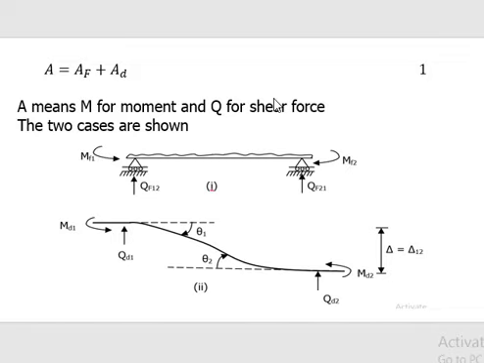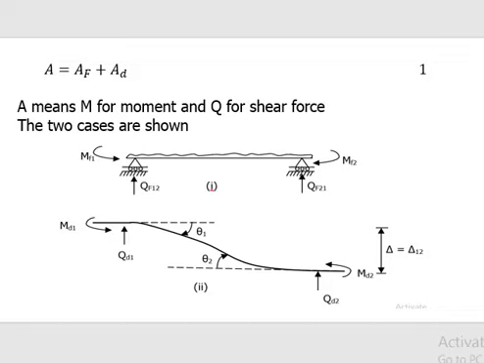If it is moment, you denote it as M. If it is shear force, you denote it as Q. Then the subscripts F and D: F denotes the fixed end action, that is the action at the support due to external applied loads, and D denotes the action at the support due to sinking of the support.